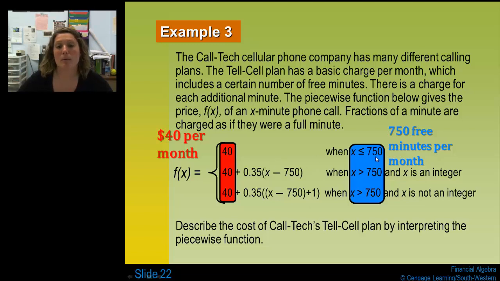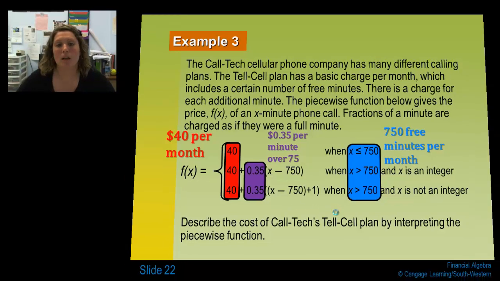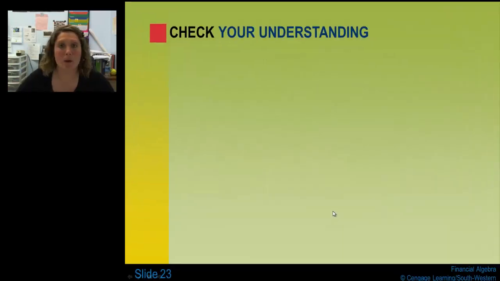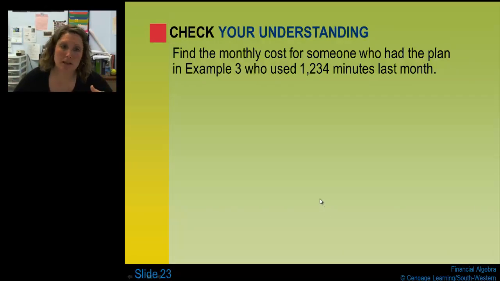So it's $40 per month as long as your minutes are 750 or less. When they get over that, it becomes 35 cents for each minute over the first 750. Not sure why my zero is not there, but it should be 750 right there. So that was example 3. That's all they wanted you to do for that one, just explain those pieces.